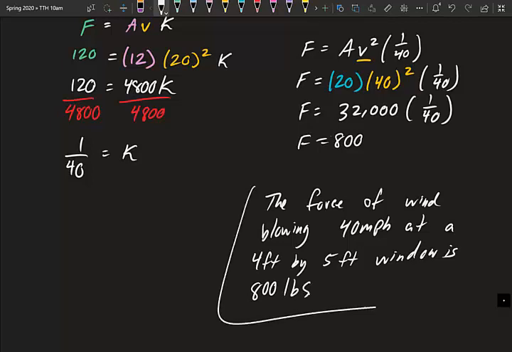So that means outside, if you have a 4 by 5 foot window, that's like most windows, like by your front door, the big windows, if it's a 40 mile an hour wind outside, the pressure and the force on that window is 800 pounds.